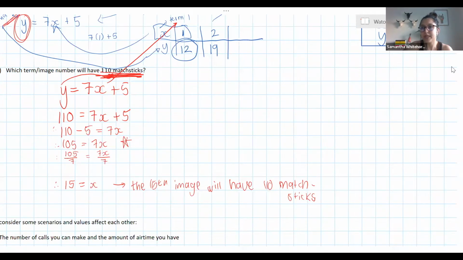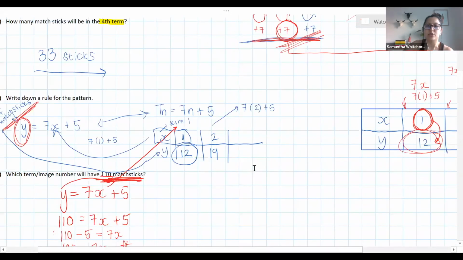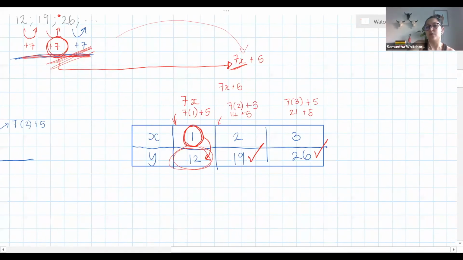Okay. Nompumelelo, do you have a question? Yes, ma'am. Ma'am, I just wanted to say I don't get anything that's happening here and how the equations are sitting. Okay, so like I said, this has been done in number patterns. But essentially, as I explained earlier, we need to figure out what our number pattern is.